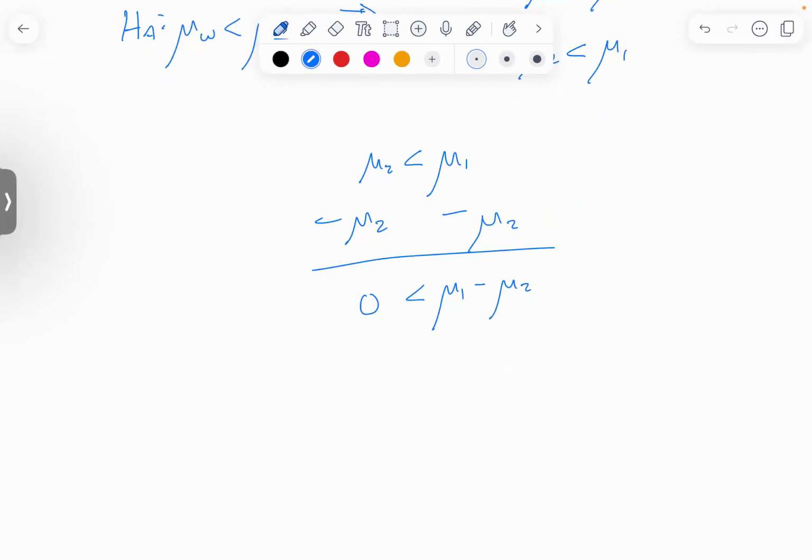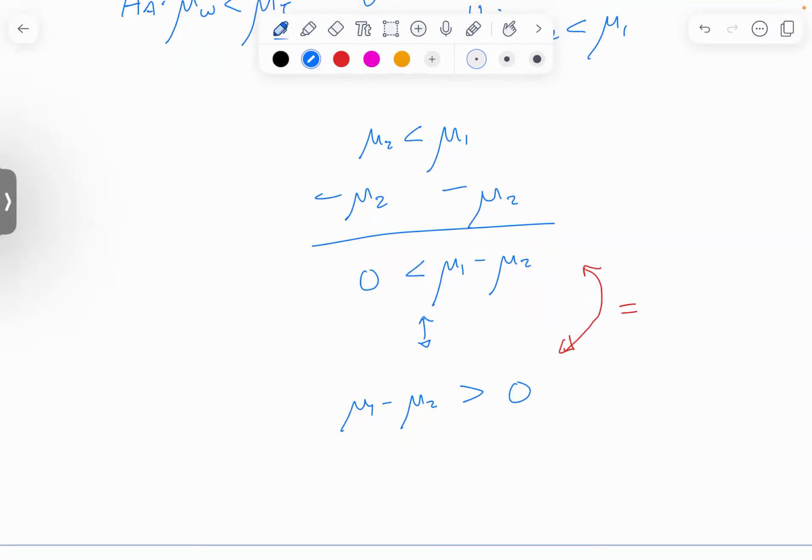Now, one other thing. StatCrunch is kind of sensitive that the 0 is always on the right side. So I need to flip this around. Mu1 minus mu2, when I bring that inequality over, that becomes greater than 0. These two things say the same; they are equivalent. A lot of people get messed up by that because I know it's just a basic algebra thing, but a lot of people mess that up.